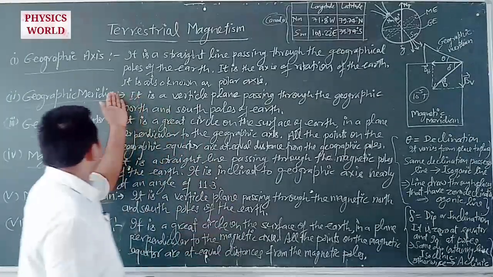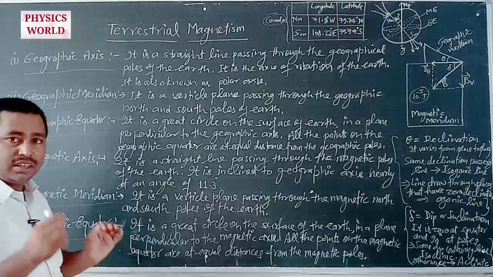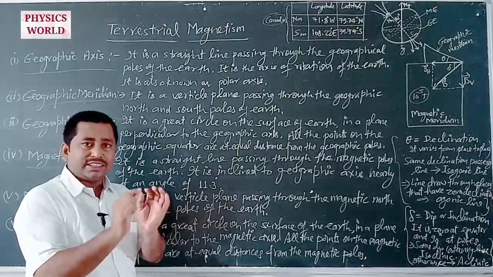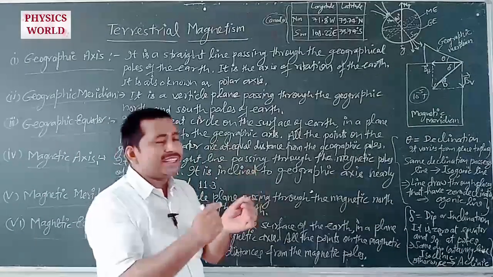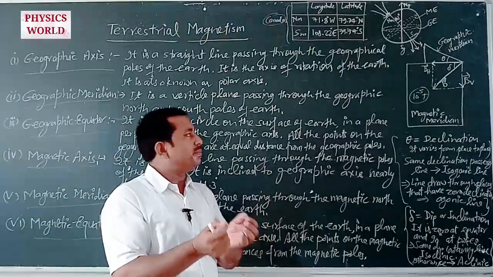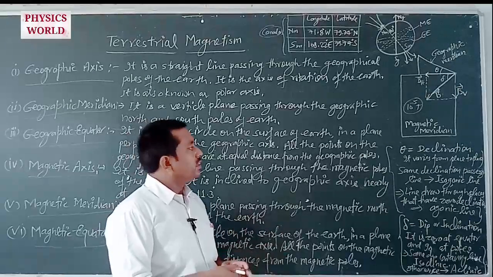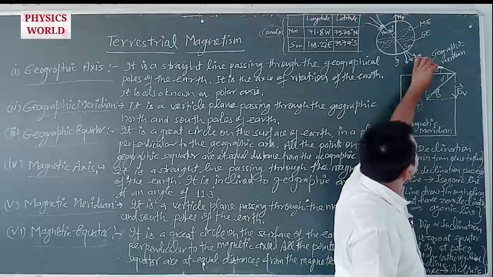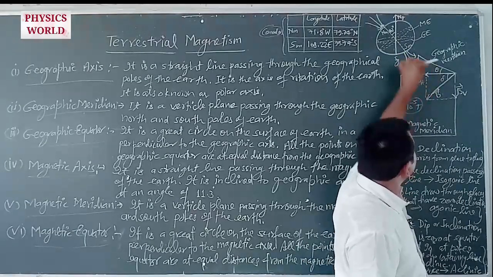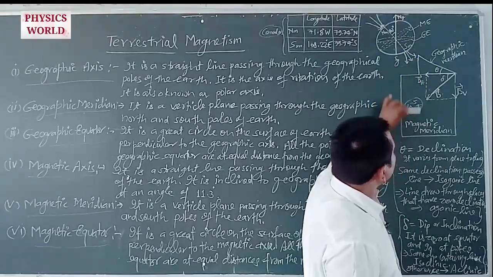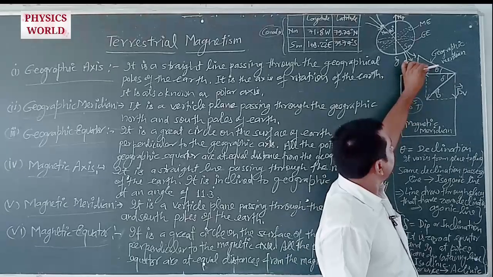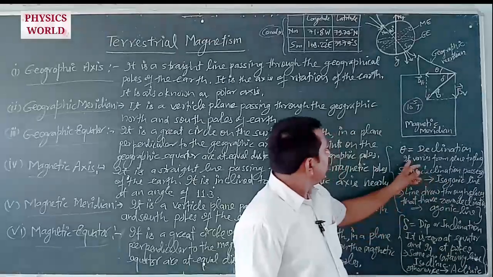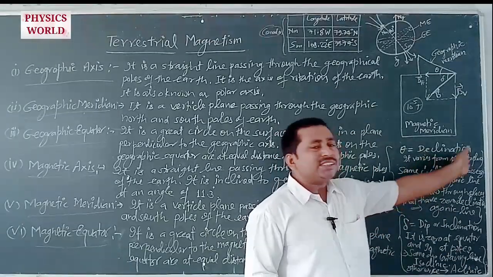So these are the six important concepts related to the Earth's surface and Earth's magnetic field. Now let us see, here is an angle made between the geographic meridian and the magnetic meridian. This angle is known as the declination. It varies from place to place.